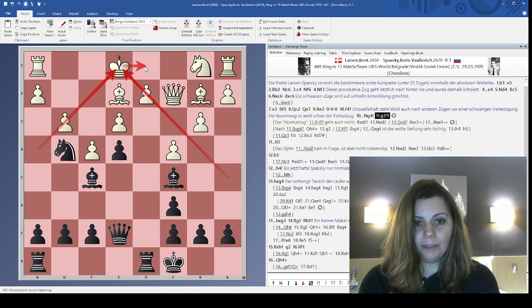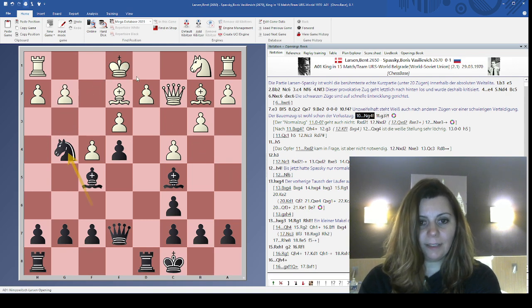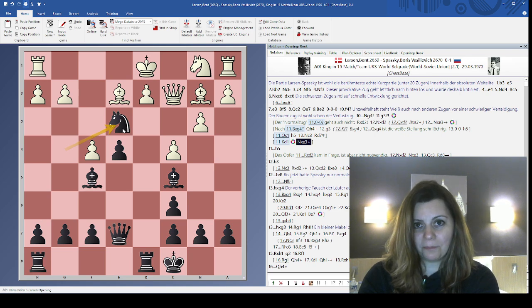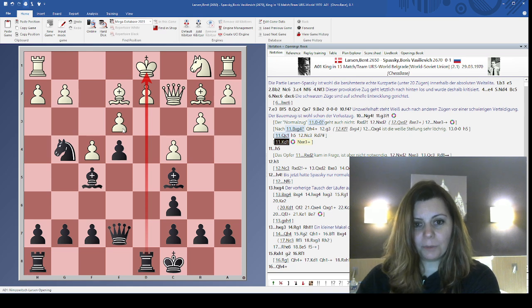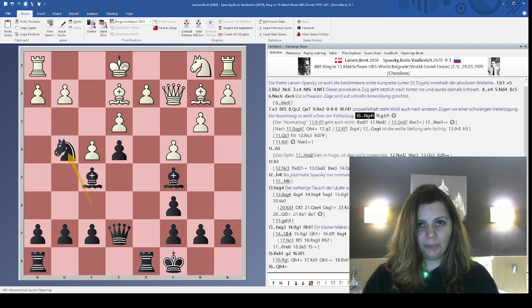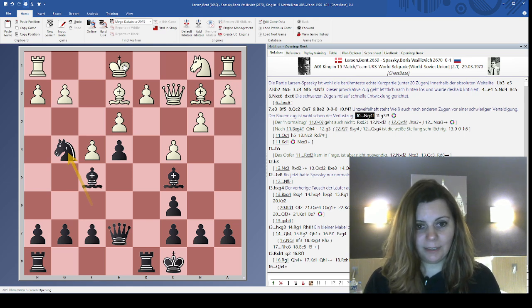But if the king was here, for instance, then instantly we see the effect of the open semi-file by pinning the pawn and winning the queen. So it's very useful to have a rook in front of the king, right? And so White is safe here, as I said, from this side. White is also kind of safe from this side. They're really, really safe from that side. So always look at these patterns that Tal described as possible ways of attacking a king in the center.